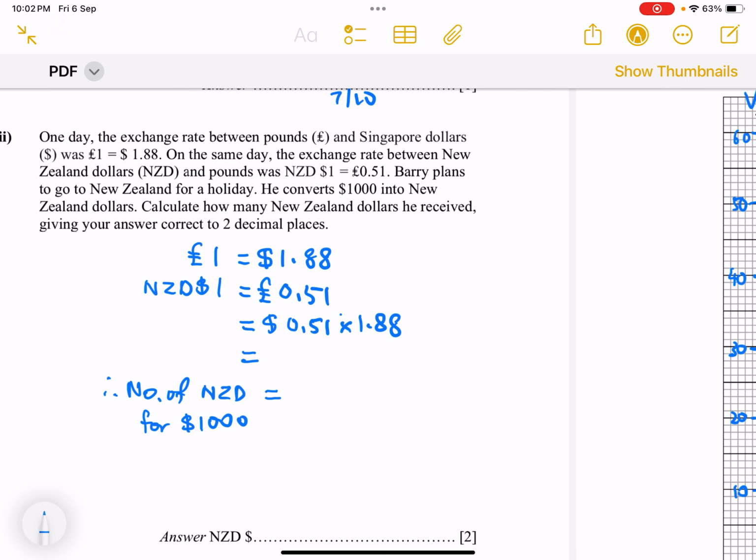That gives us 0.9588 in Singapore dollars. So the number of NZ dollars for 1000 Singapore dollars will be 1000 divided by 0.9588, which gives us 1042.97.